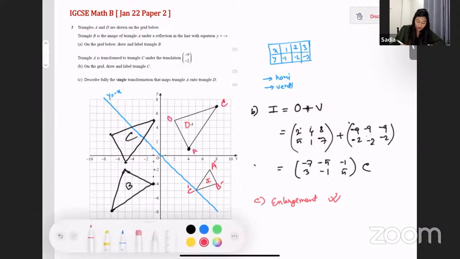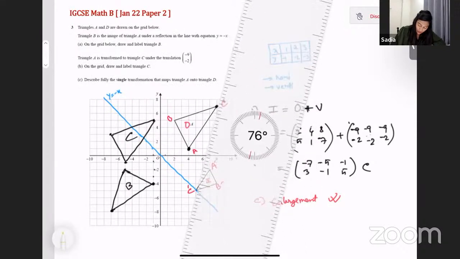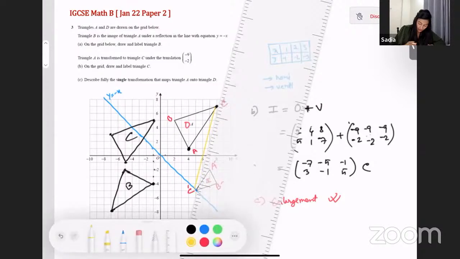Okay, so now you can clearly see that I will just join the corresponding points. I will join the C with C prime.